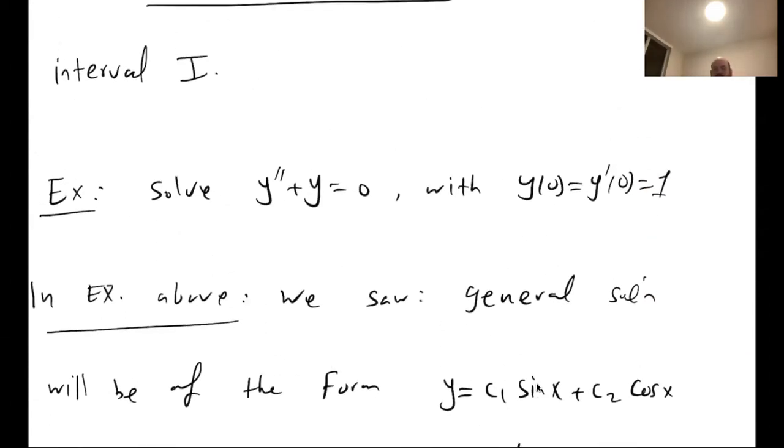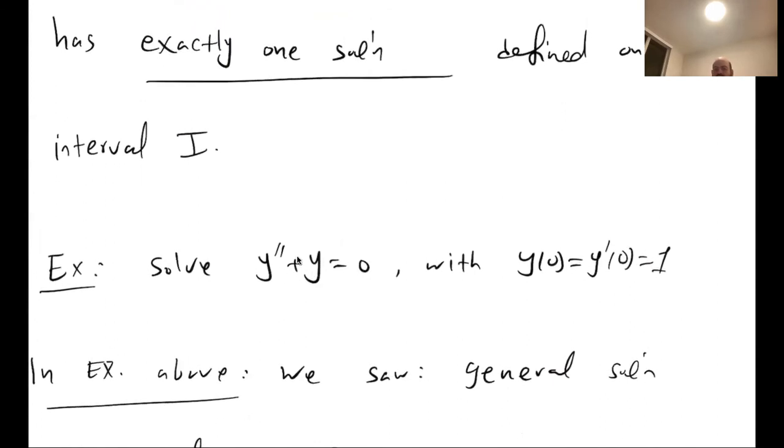So y double prime plus y equals 0. If only this ODE is given, no initial condition is given, which is what we had in the previous example, we could find a general solution, including two constants, C1 and C2. Once the two initial conditions are given, and because everything is continuous here, the coefficients here are just constants, and constant functions are always continuous.